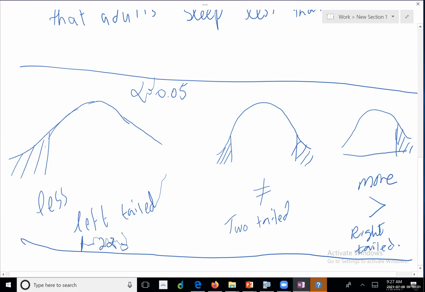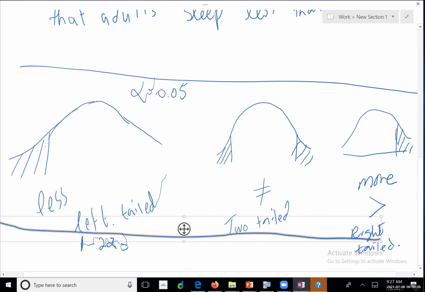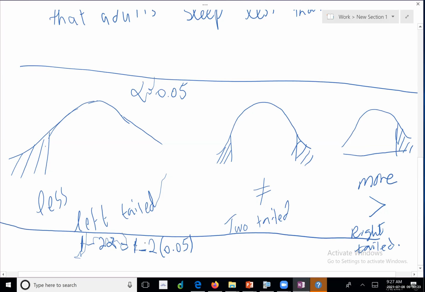So tell me, if alpha is 5%, use your calculator: 1 minus 2 times 5%. Tell me, what do you get? So left tail, right tail, two tail.